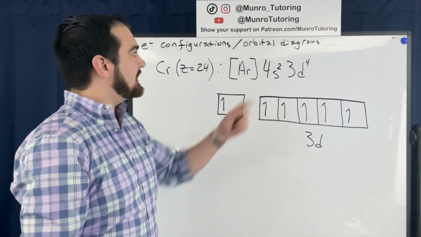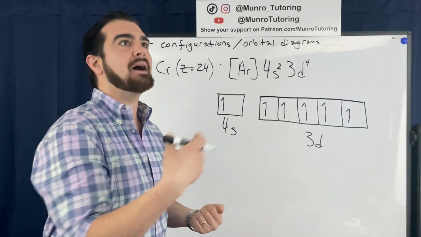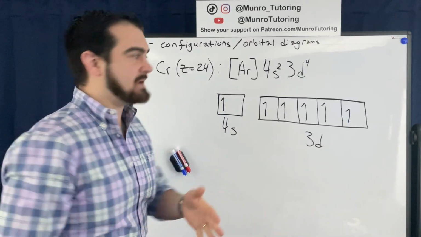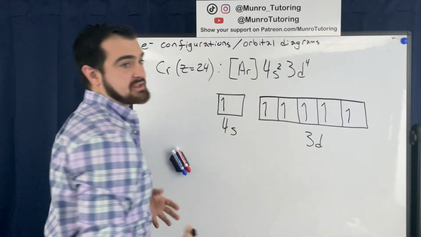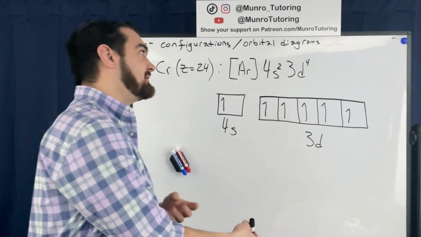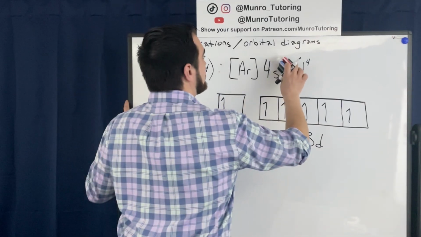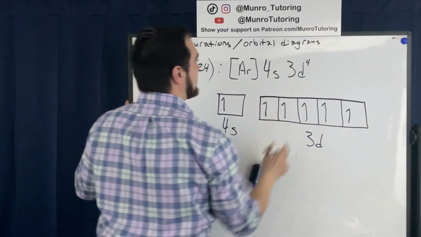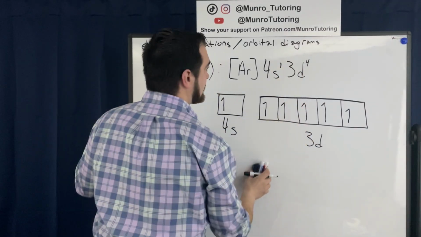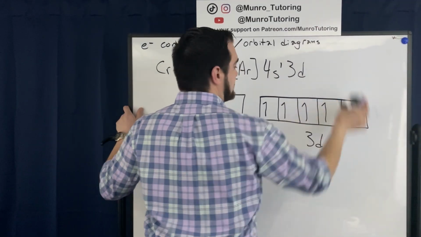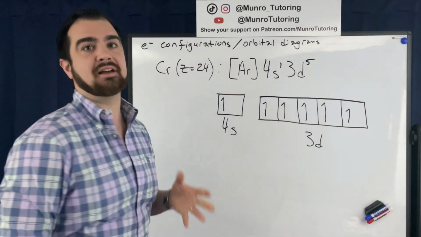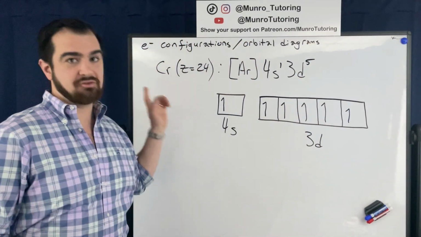So then a d4 or a d9 is going to want to be either a d5 or a d10, right? And just remember, this superscript is just the number of electrons in that sublevel. So what we're really going to do, we're going to correct this, and we are going to do 4s1 and 3d5. And now that is the actual electron configuration of chromium.